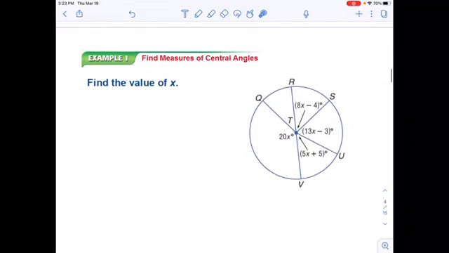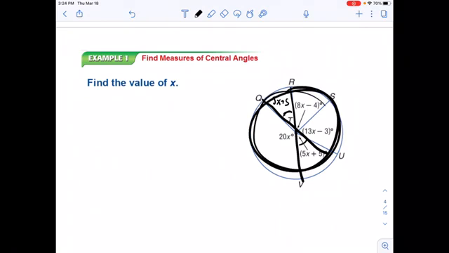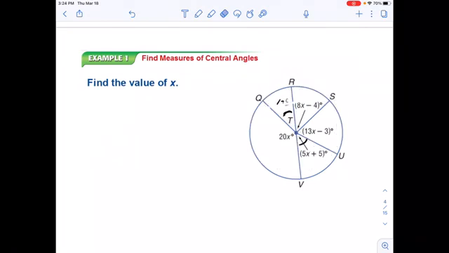All right, so we're going to come back to stuff from the very beginning of the year to solve these things. To find the value of x here, we actually have too much information. If these two were vertical angles, which they are not, you could have said 5x plus 5 and then added them all up and set them equal to 360.